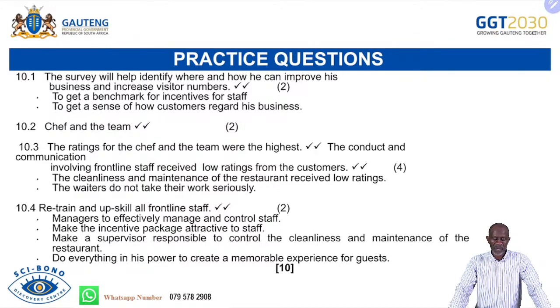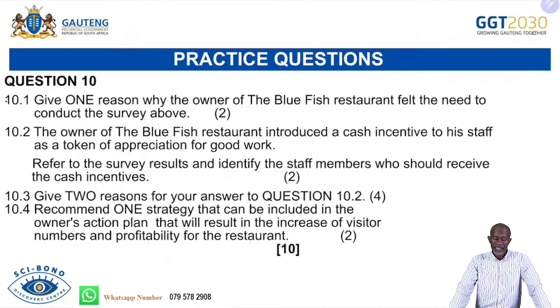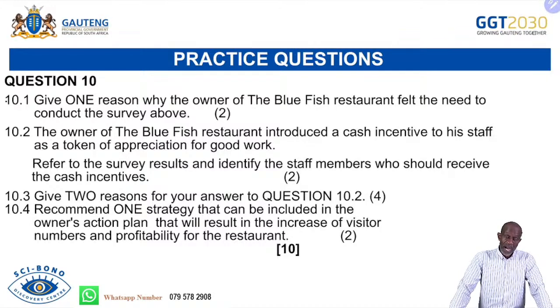That is for 2 marks. Also, the survey was conducted to get a benchmark for incentive for staff. And lastly, to get a sense of how customers regarded his business. And that answers question 10.1.